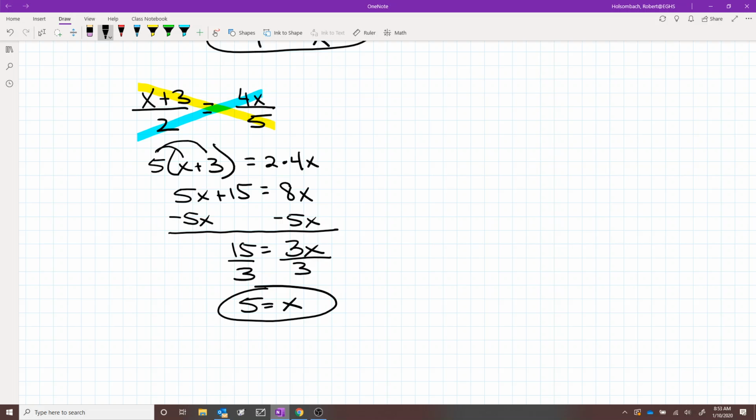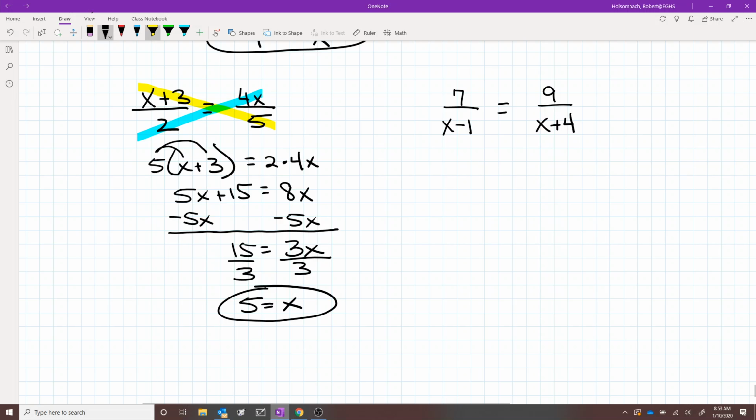Alright, and let's do one more example here where you've got what I call double distributive property. You've got a 7 in the numerator over an x minus 1, and it's equal to 9 over x plus 4.